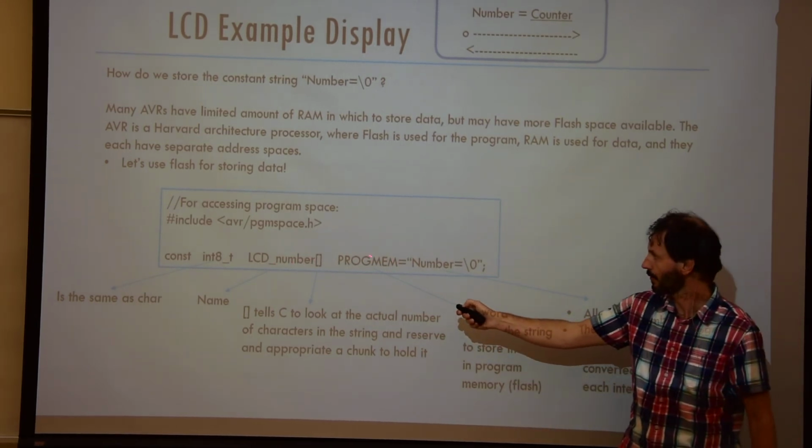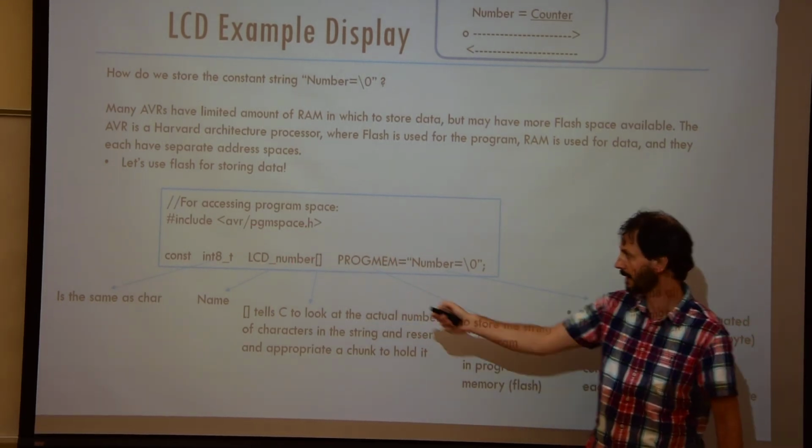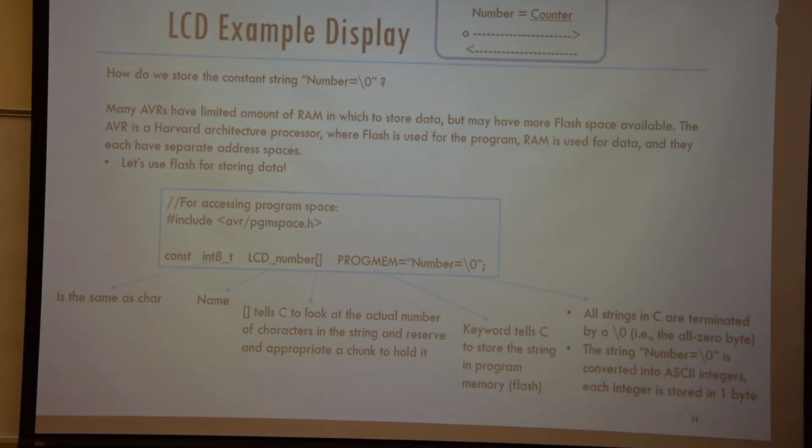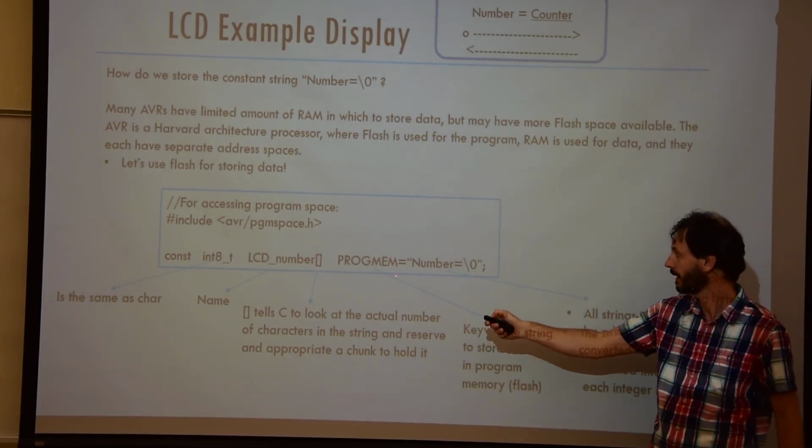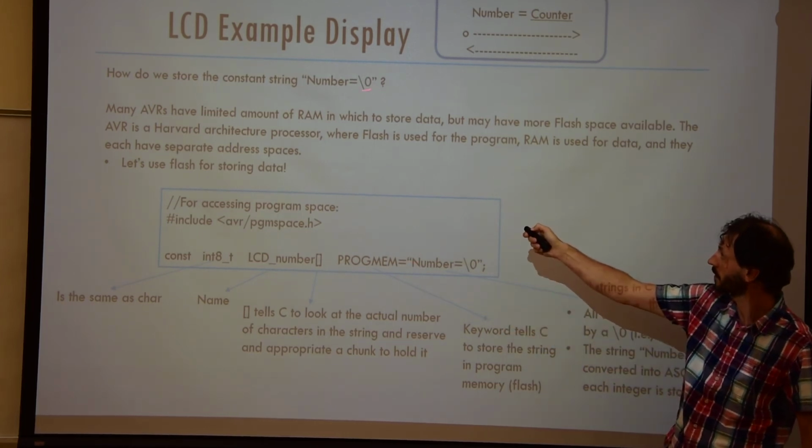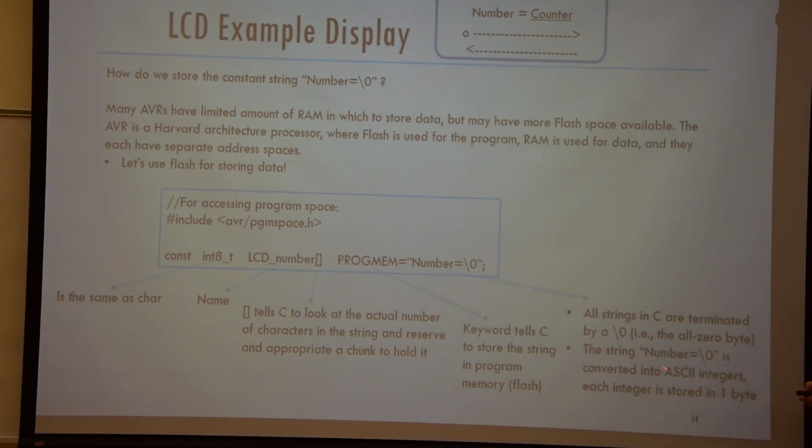Then we have this keyword coming from this library over here that indicates to the compiler to store the string in the program memory and not in the RAM. So that's what we're doing over here. And now here we have our string that we talked about here. And again, we add the all zero character because that's simply how we end strings.